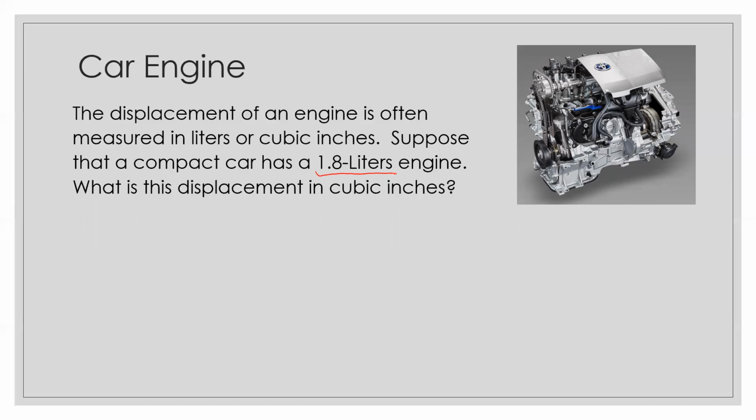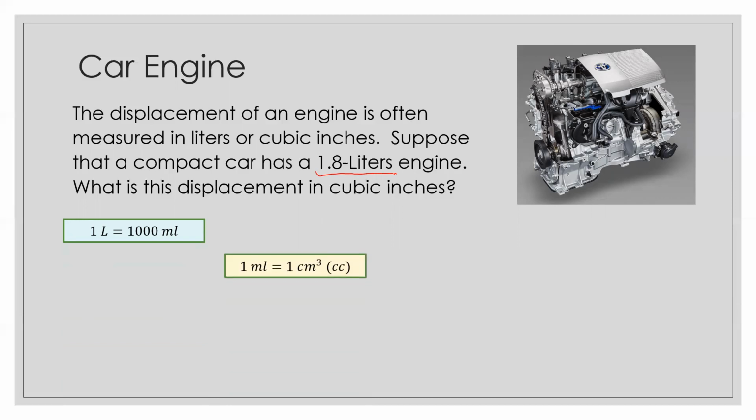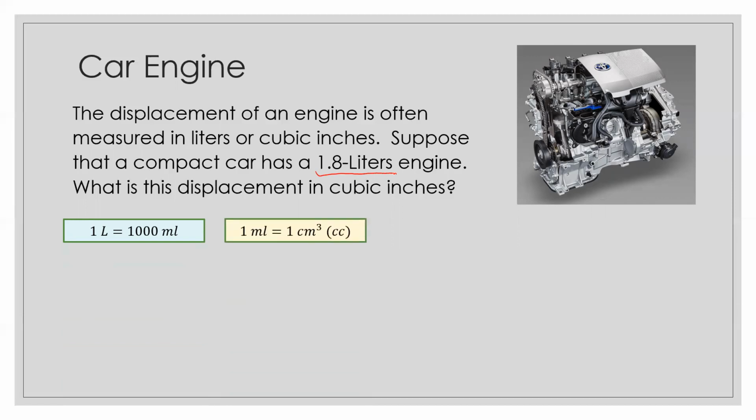Okay, once you have thought about it, you should have written something like this. 1 liter is 1,000 milliliters. And then in your conversion sheet, you should see that 1 milliliter is the same as 1 cubic centimeter. That's a really cool equivalency, because normally milliliters measure liquid and cubic centimeters are like a measure of solid, right?